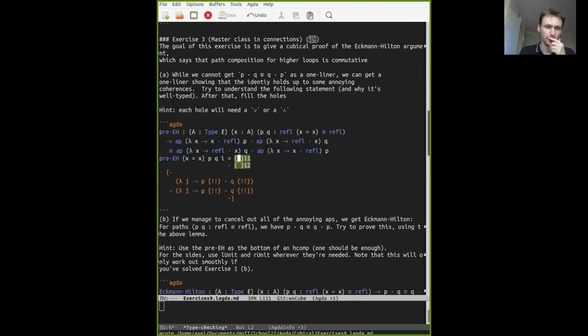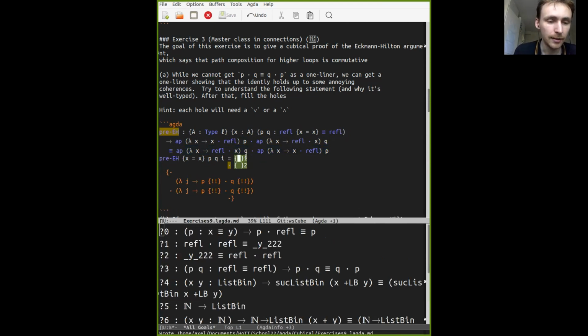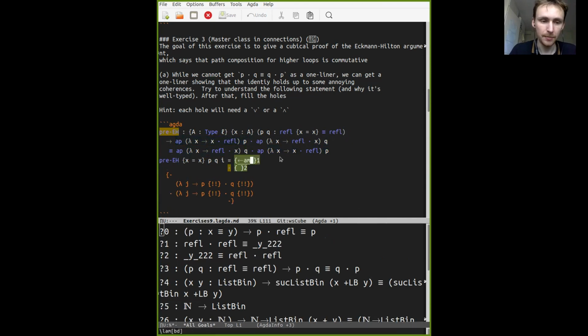Okay. And so actually, what is app of x composed with REFL applied to P? Well, that is lambda j to... Now the constraints Agda gives are not very readable. They are never very readable, sadly.